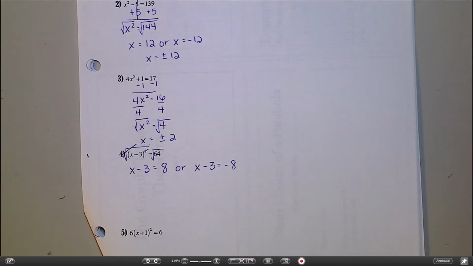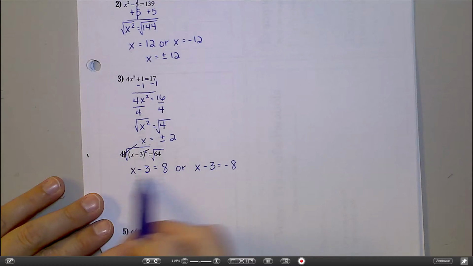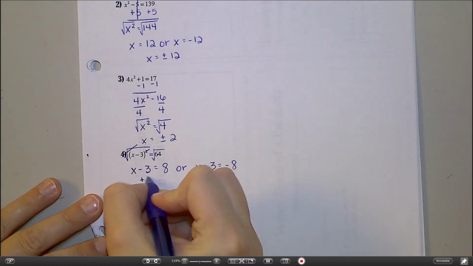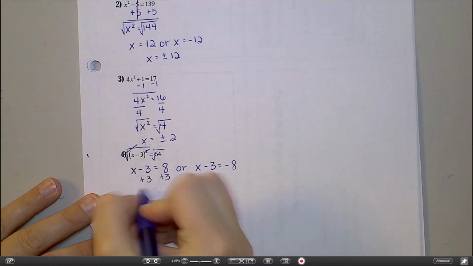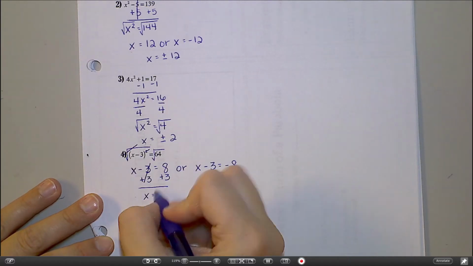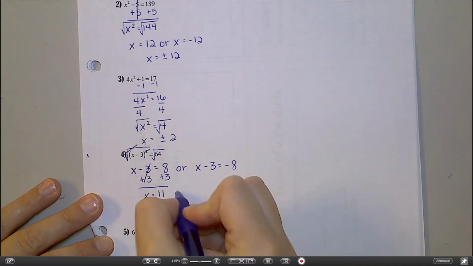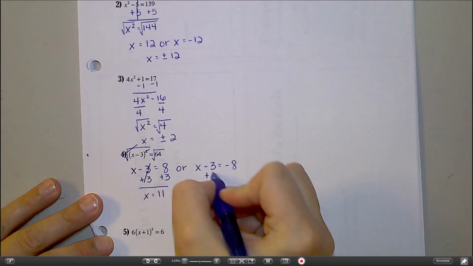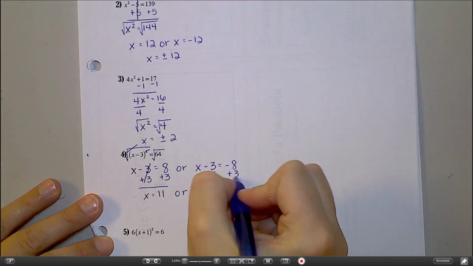And it's not going to work out where I can just solve one of them and say, okay, the answer is plus or minus this. And you'll see what I mean in just a second. If I was going to solve this one, I would add 3 to each side. What's 8 plus 3? 11. Okay, so x equals 11. Or, here if I add 3 to each side, what's negative 8 plus 3?